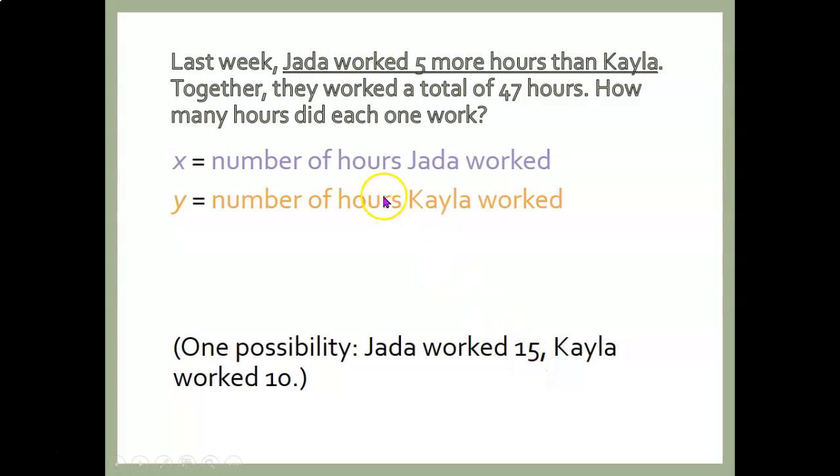So the number of hours Jada worked, that's X, has to be equal to Y plus 5. So that's one equation. The number of hours Jada worked is 5 added to the number of hours that Kayla worked. Okay, what about the other equation?